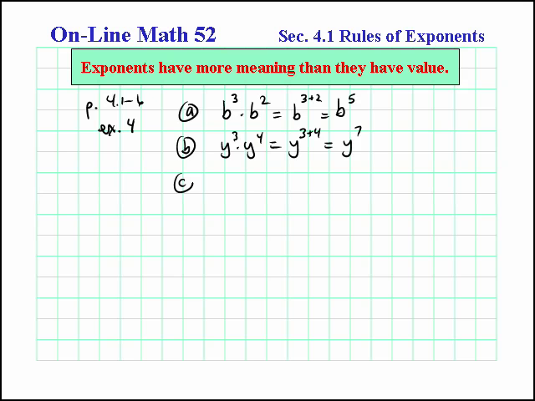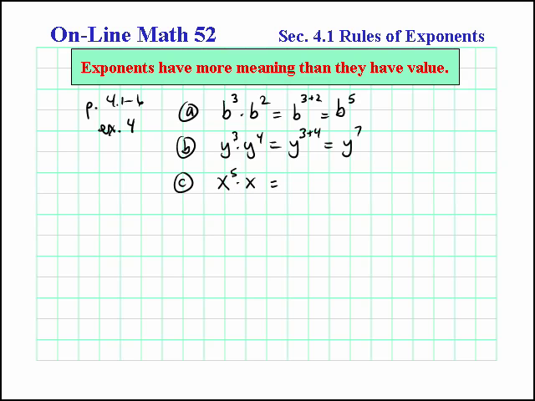C is a little bit different, not much. The same idea. It says x to the 5th times x. What's different about it, though, is that each of these has an exponent. The first term has an exponent of 5. The second term has an exponent, but we don't see it. And this is the idea that everything has an exponent, and if we don't see it, it's to the power of 1.